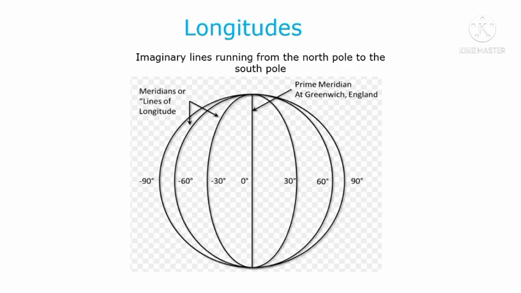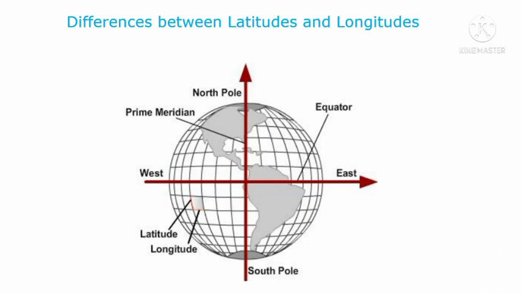In the latitudes, the 0-degree equator also divides the upper part into northern and the bottom part into southern hemispheres. Next we'll go for the differences between the latitudes and longitudes.